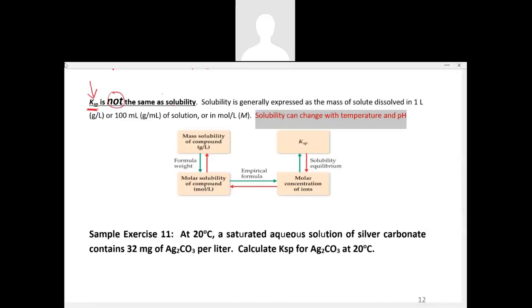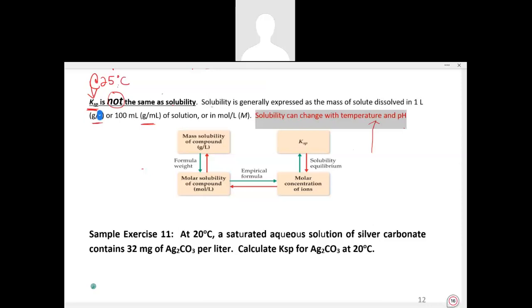This is a constant, which we know is constant at, say, 25 degrees Celsius. But solubility is expressed as the mass of a solute per 1 liter, so grams per liter or grams per milliliter, not in moles per liter. The take-home note here is that our solubility can change with temperature and pH.